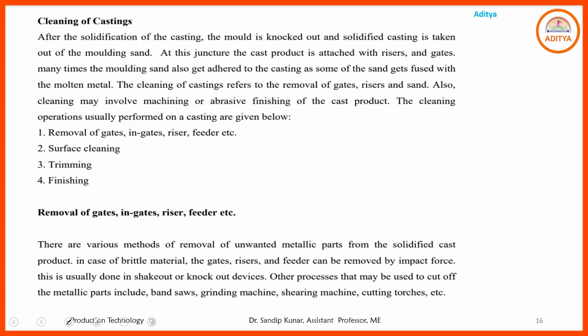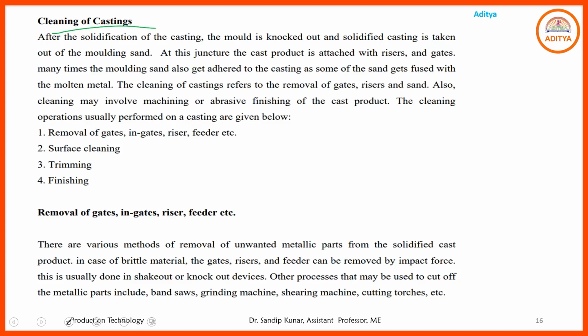We use some machining process, some finishing process, grinding, turning or some other finishing process, to finish that cast product. Okay. After finishing, we get the actual dimensional product. And also the surface quality of that product is good. Means by the cleaning of casting, finally we have got the finished product.